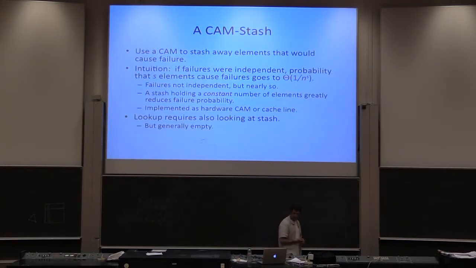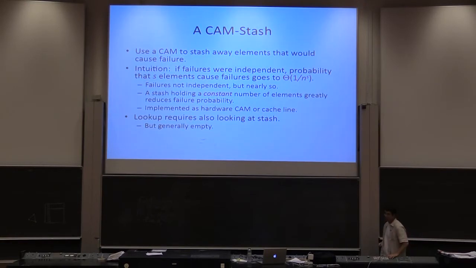It turns out that for regular cuckoo hashing, and you can do similar things for some of the variants I've talked about, if you have a stash of size s, then the failure probability goes to 1 over n to the s.